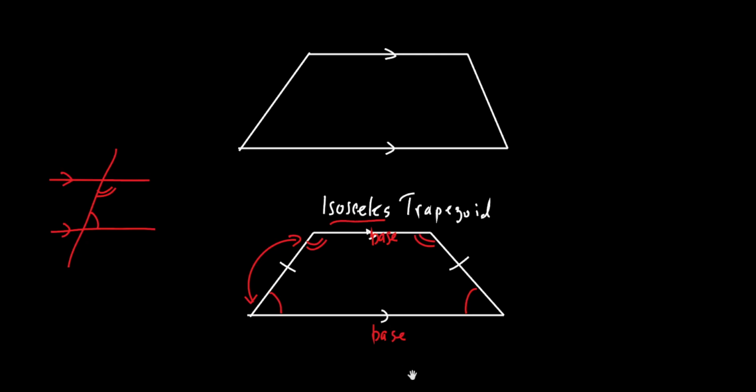So let's just start from scratch without all that mess on there, and let's draw another isosceles trapezoid and see what else we can know about it. If that side right there is equal to that side right there, then this is an isosceles trapezoid.